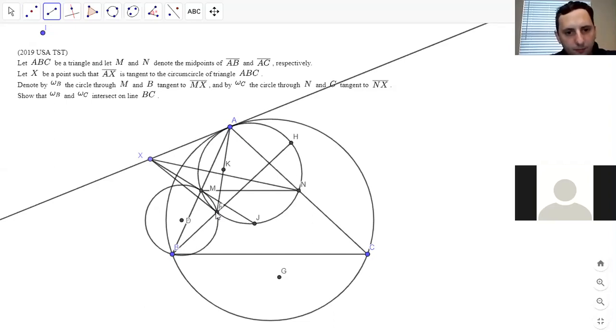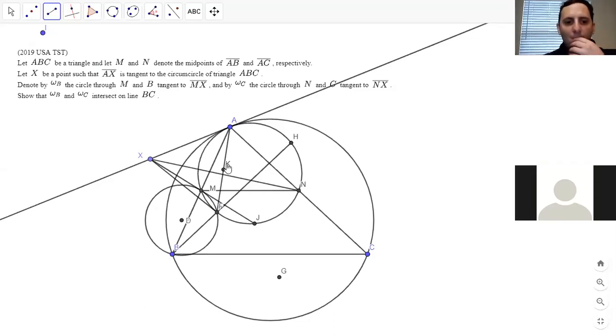So I will explain what my thought was. We have that angle FMJ is equal to AMK because of the symmedian theorem. Wait, FMJ is AMK?